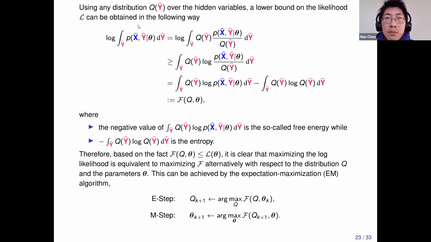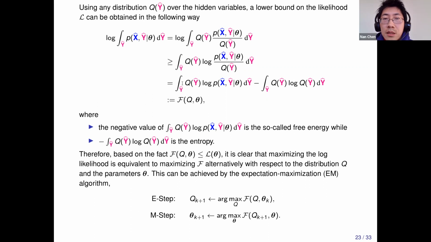Thus, we can do some mathematical derivations. Say this itself is very difficult to calculate in a direct way. But if we assume we have a distribution function, then we can always multiply this distribution in terms of y, then divide by it. Then you apply Jensen's inequality, and you can put this log inside here. Finally, you will get two parts.